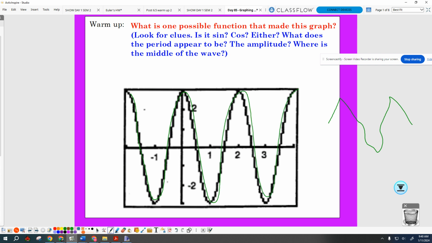Okay, so looking at this smooth, curvy thing, we need to write a trig function. So Sarah, what's it gonna be? 3 cosine. Okay, hold on, how'd you get the 3?